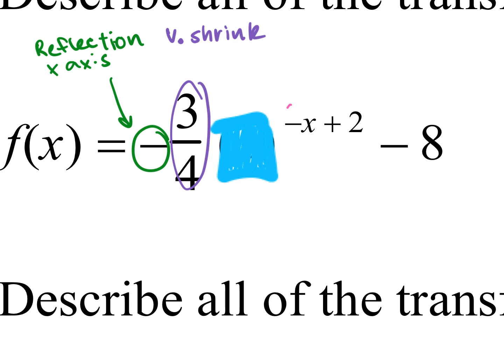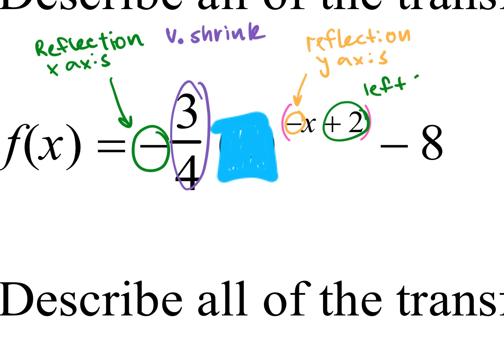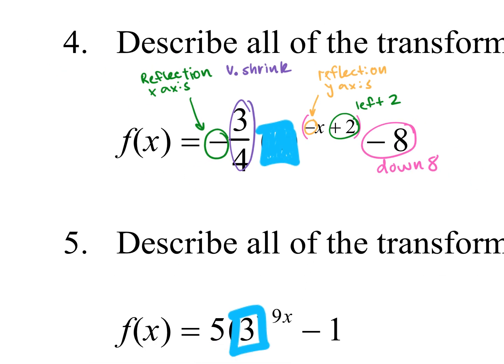Now inside, we don't have parentheses here, but whatever's in your exponent acts as if it is in parentheses inside. So if we were multiplying by a negative on the inside, what does that do to our graph? Reflection on the y. And then when we add 2 on the inside, left 2, and then subtract 8 on the outside, down 8. Awesome.